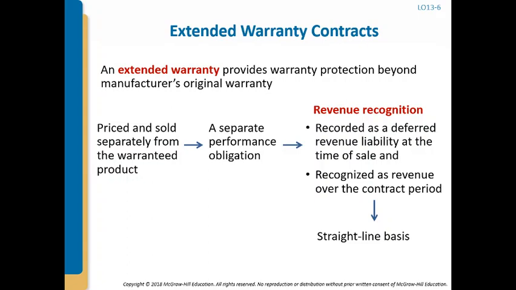And if you recall, it's a separate performance obligation, and so because of that, it is very possible that revenue will be recognized in a different period than when the product's sold, because the obligation may not be met in order to recognize revenue until a later period.